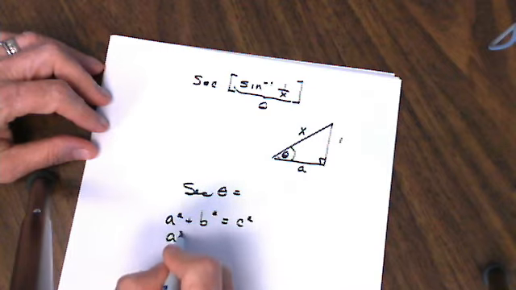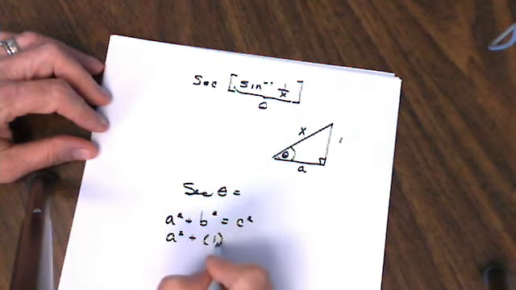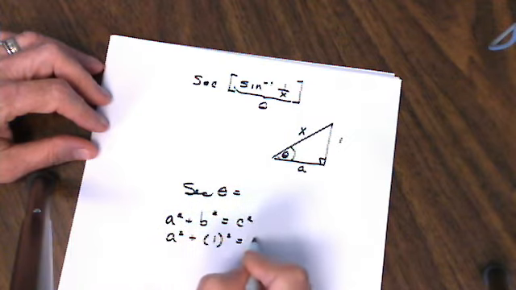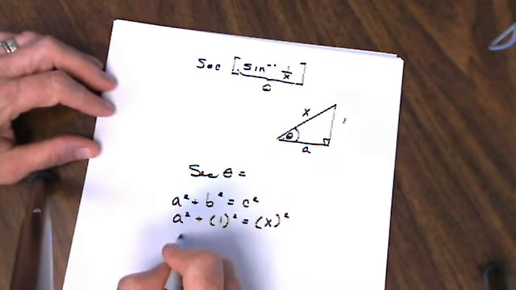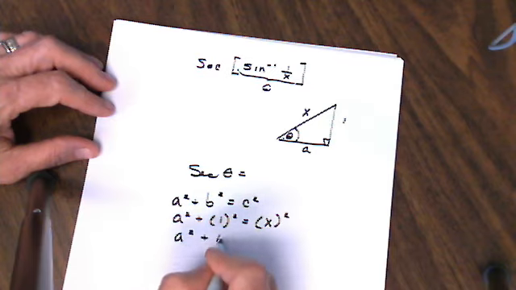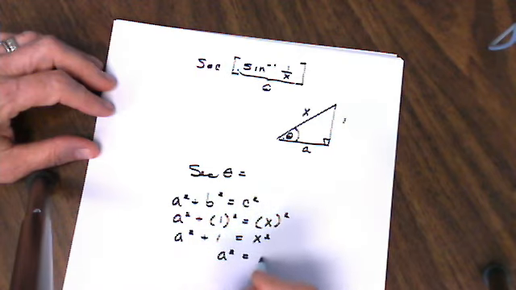Here, I don't know the measure of side a. I'm going to say that b is the other leg, it's 1, and c squared is the hypotenuse squared, which is x squared. This gives me a squared plus 1 is equal to x squared. I'm going to get a alone on one side of the theorem, so I get x squared minus 1.